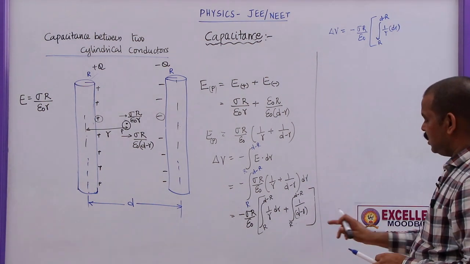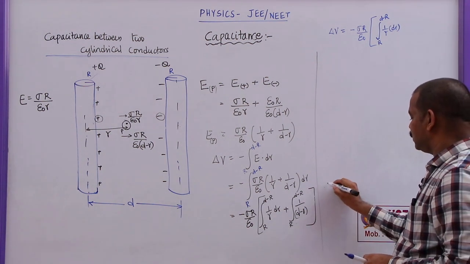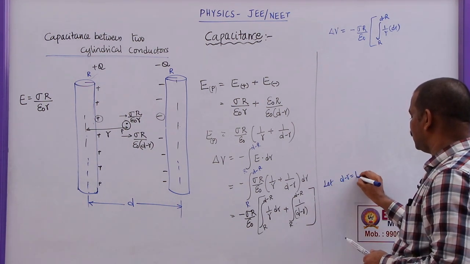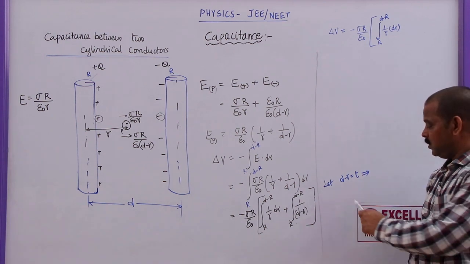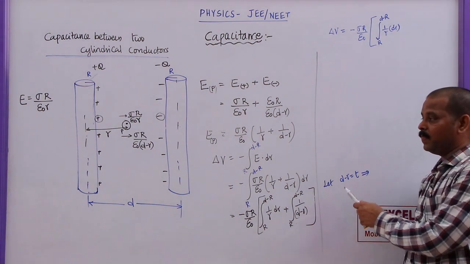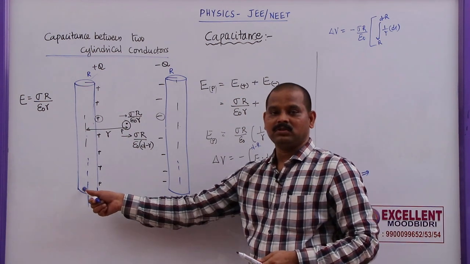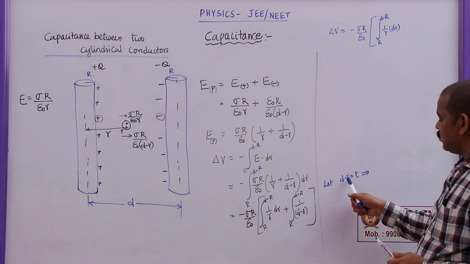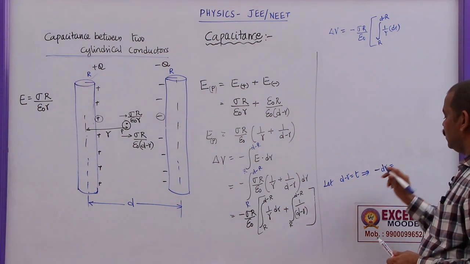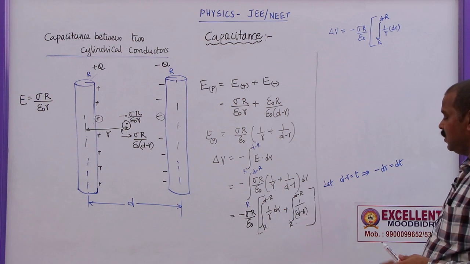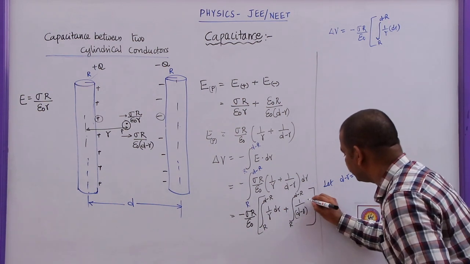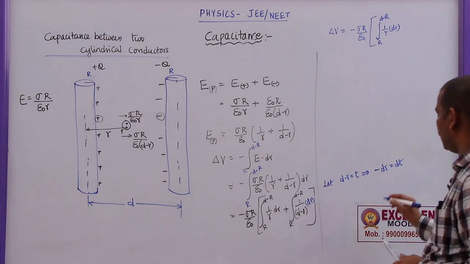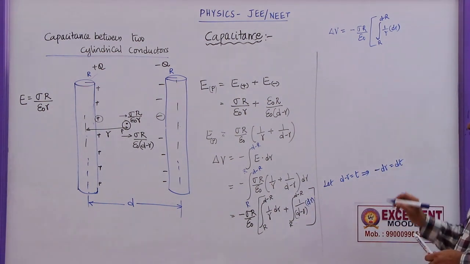Let me take this d minus r as t. Let d minus r equal t. If you differentiate, small d is constant, that is the distance between the two cylinders, so the derivative of d is 0, and the derivative of r is minus dr equals dt. So, in place of dr we can write minus dt.